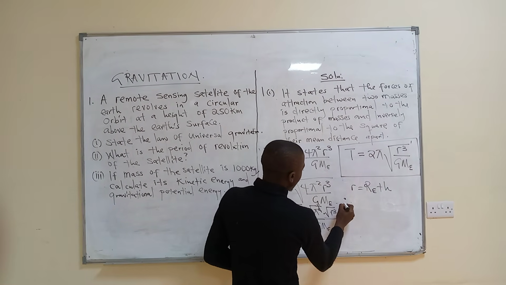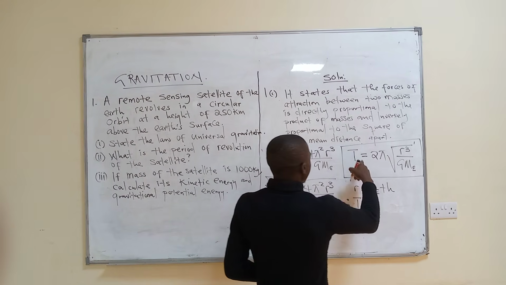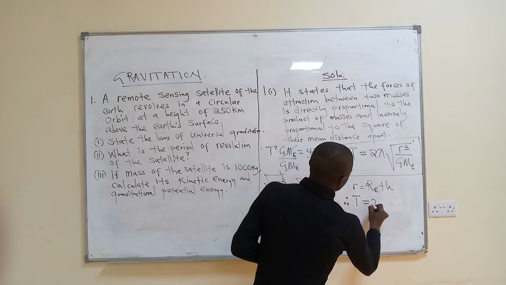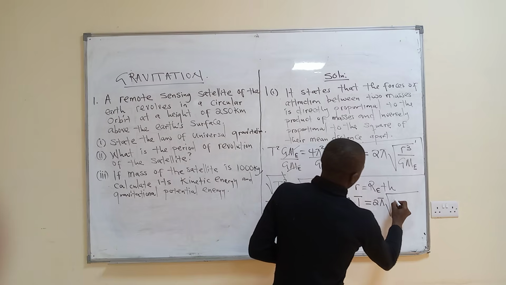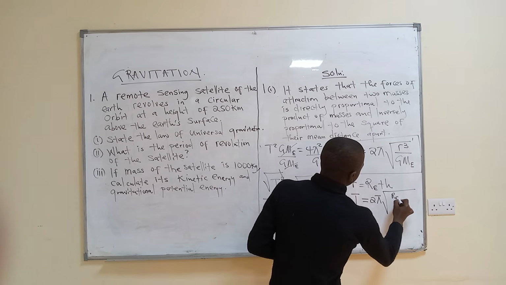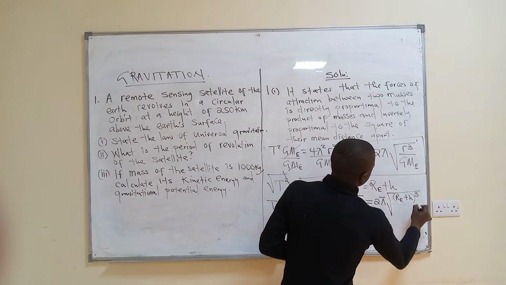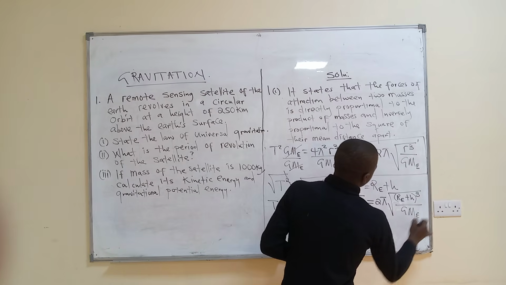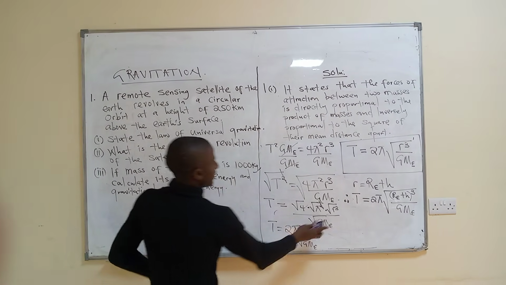Therefore, the final formula for calculating the period of the satellite is 2 pi square root of (Re plus h) cubed over G Me. From there we can now start answering.